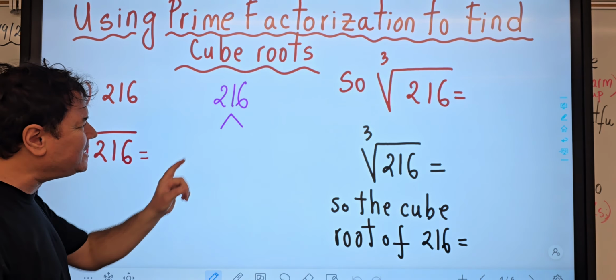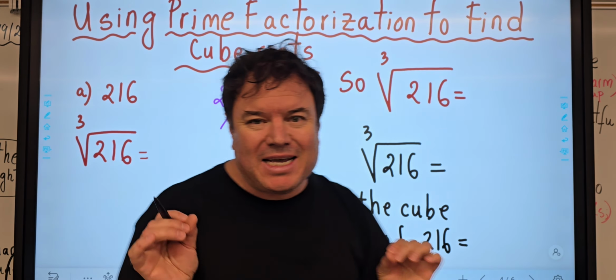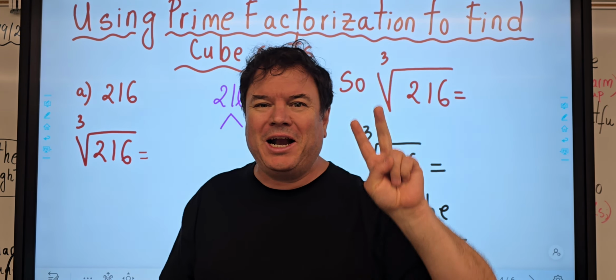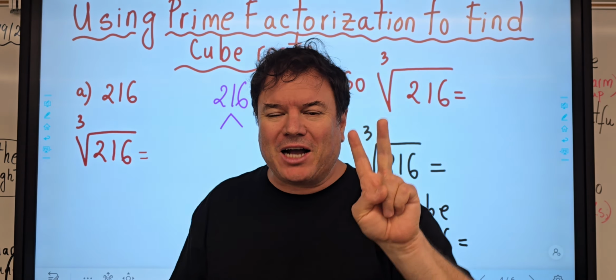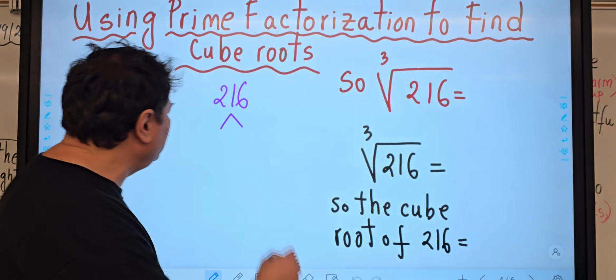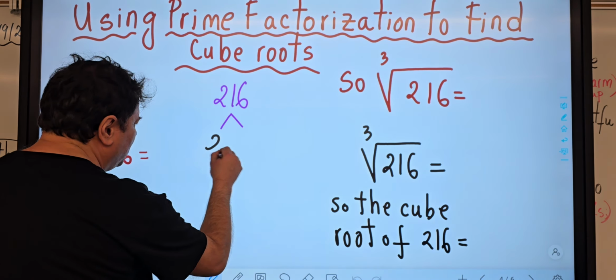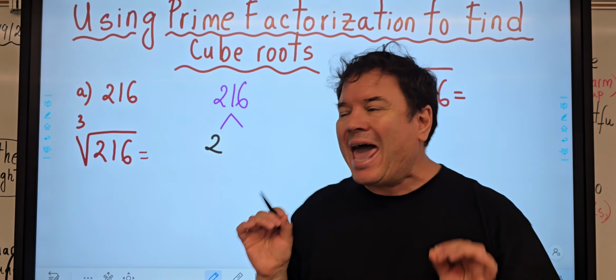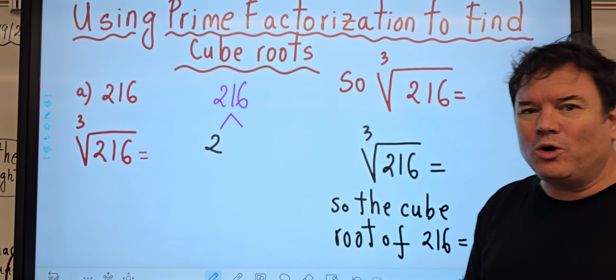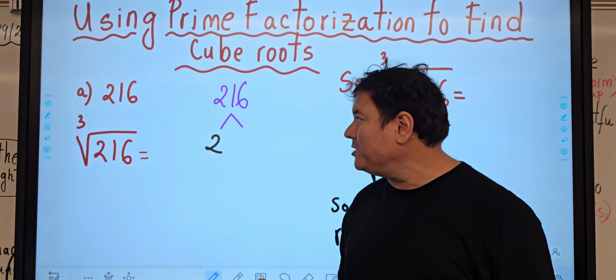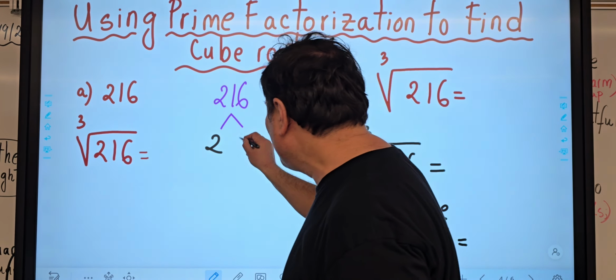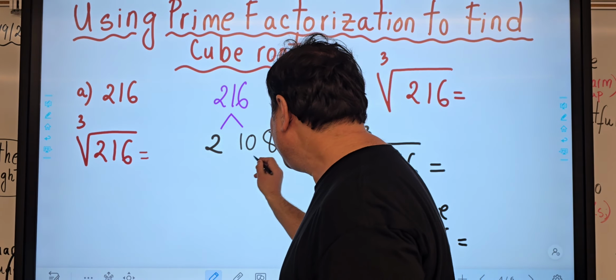We always start by looking at the end: 6 divides by 2. Always start with the smaller number that can be a factor, which is 2. So let's divide 216 by 2. To find that answer, we look at half of 216. Half of 200 is 100 and half of 16 is 8, so that's 108.